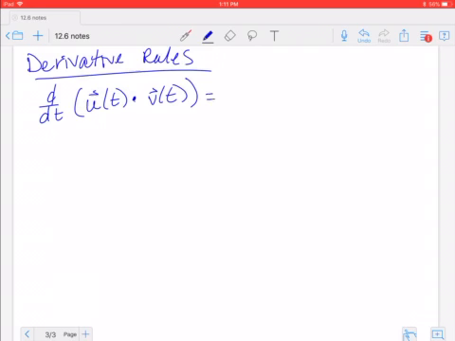Whenever you do the dot product, it looks just like the product rule. If I'm going to take the derivative of my first times the second, dot the second, plus the first dot the second.